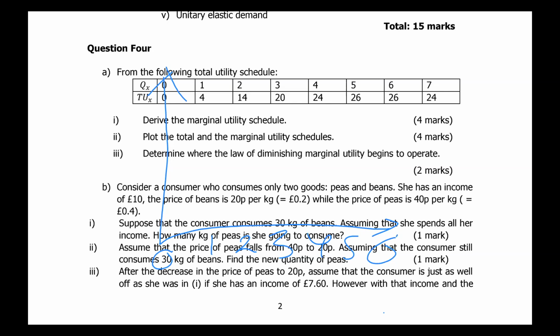So the total utility will be increasing and increasing as you increase the consumption of the given commodity. Once you're consuming a certain commodity, the total satisfaction is increasing.